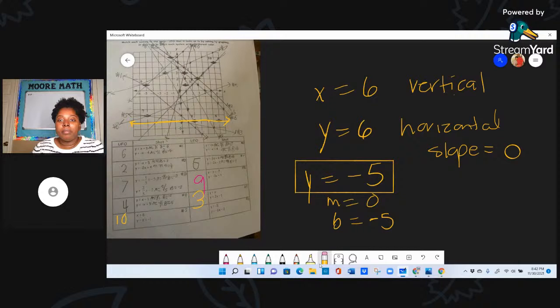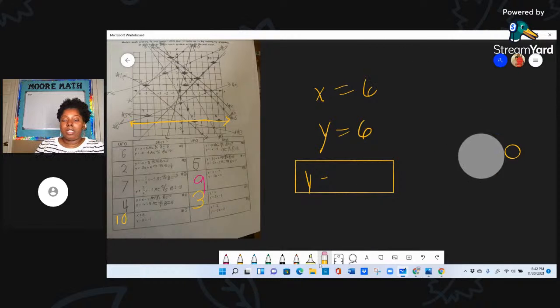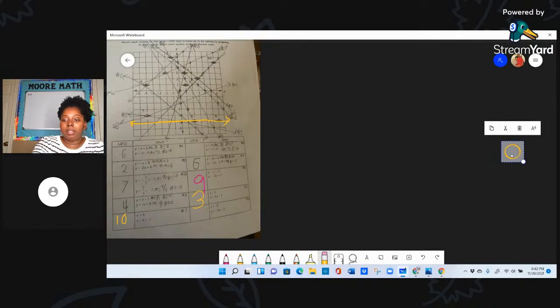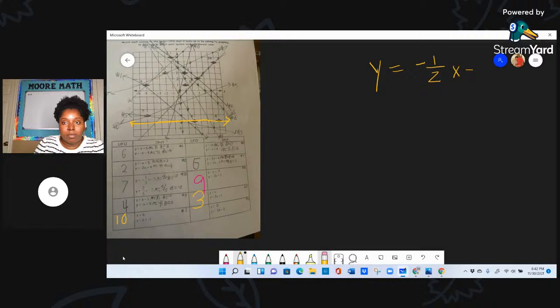So now find the slope of the next line and tell me where they meet. They meet at UFO 8.